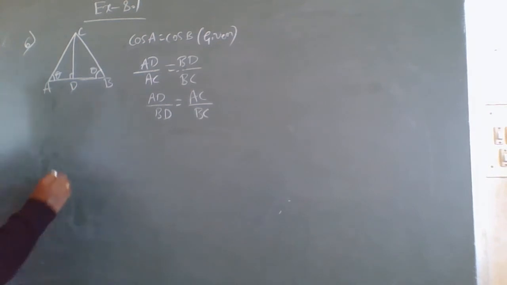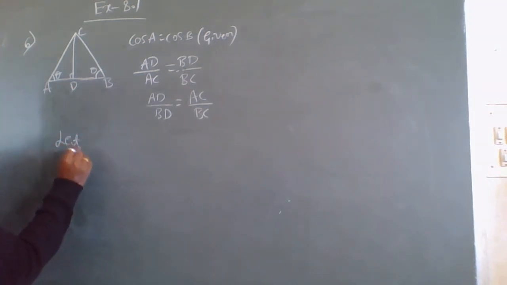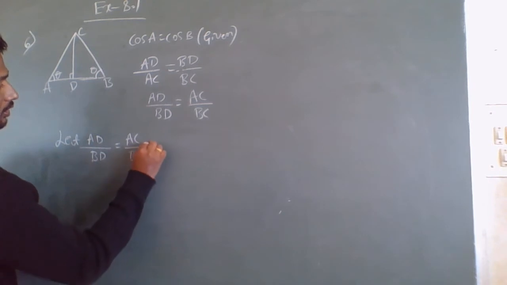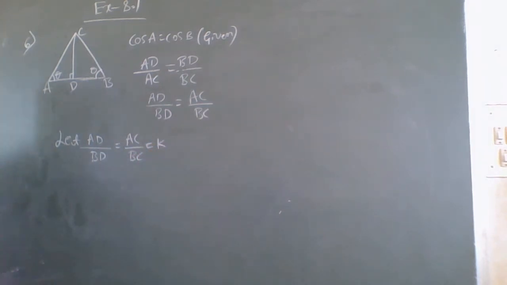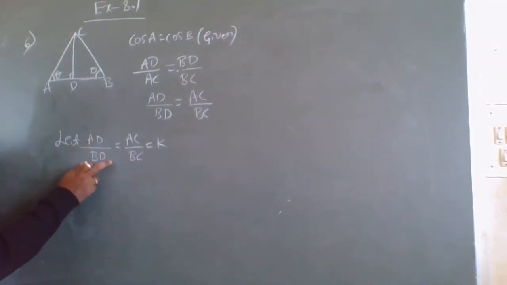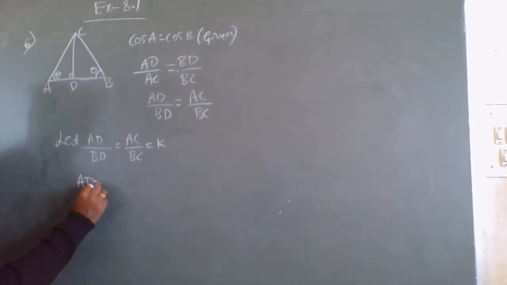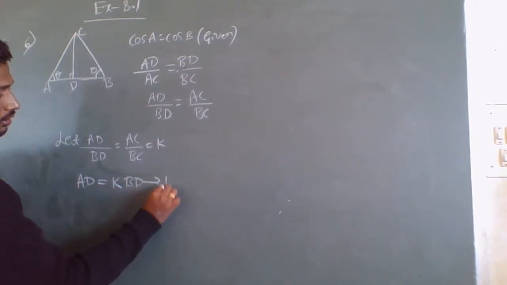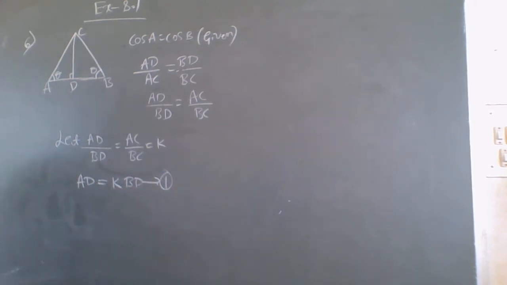Now I will consider one constant K. So let AD by BD equals AC by BC equals K. Now I will consider the first one, AD by BD. AD equals, taking BD to the right hand side, K into BD, and I will consider this as 1.